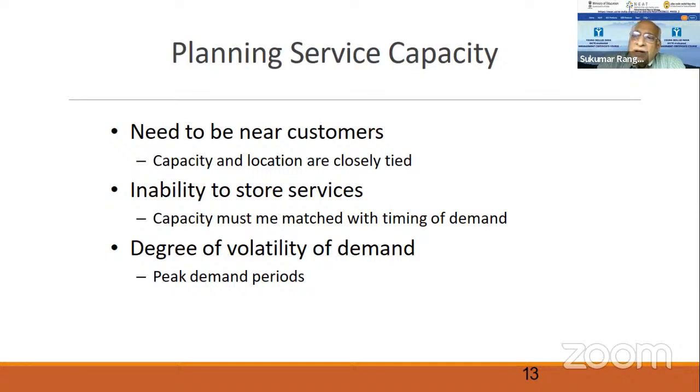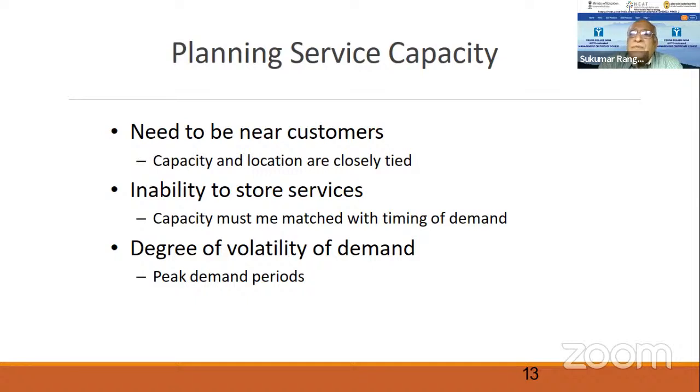You cannot make, let us say, a dosa some 20 kilometers away and bring it and serve it here, unless, of course, it is partly processed and finished and served, or it is stored in a hot case and then served to you, which becomes very expensive. So the service needs to be nearer to the customer. Capacity and location are closely tied here.